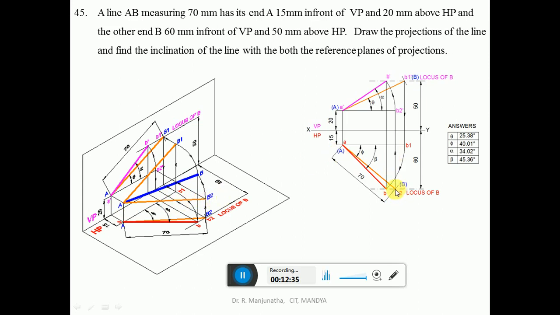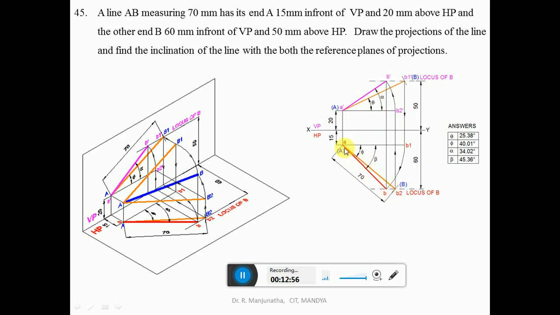Now draw a vertical projector from B2 to the front view till it reaches the locus of A here. So mark this point as B2 dash. A dash is above HP by 20 mm and B2 dash is also above HP by 20 mm.